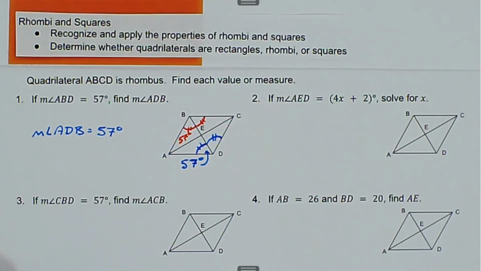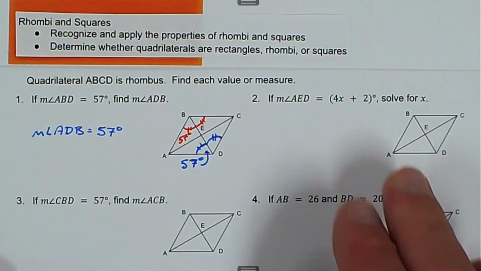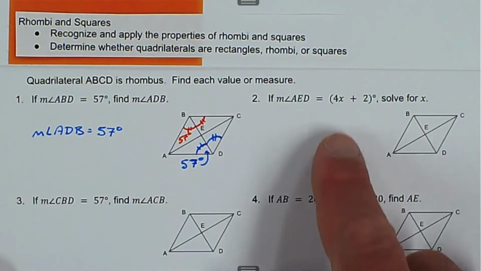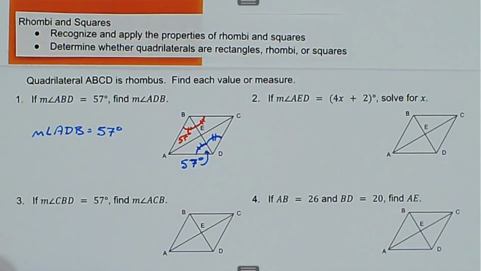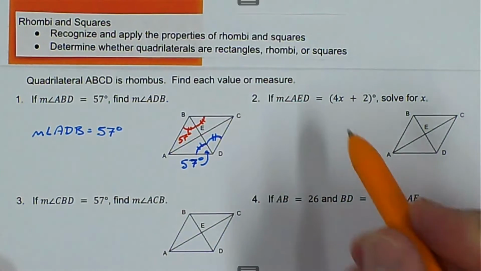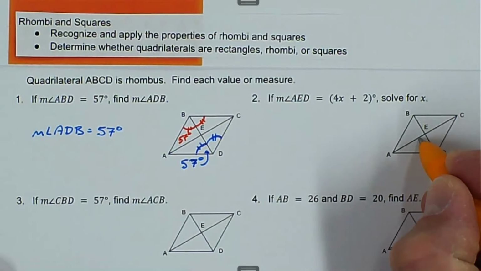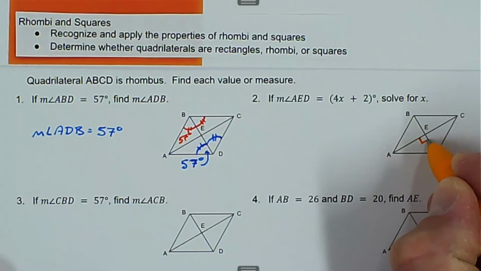Next one we have is the measure of angle AED is equal to 4x plus 2, and then it wants us to solve for x. So let's find out where 4x plus 2 would be. So 4x plus 2 would be AED. So that's this angle right here.